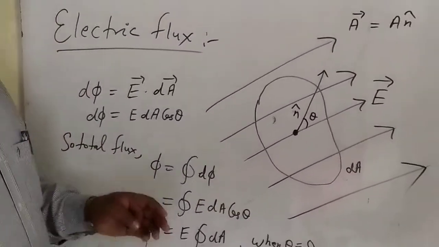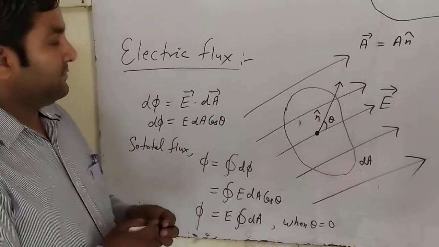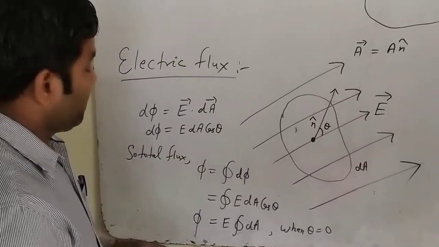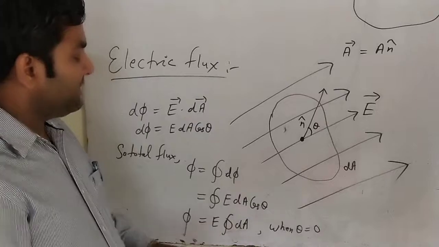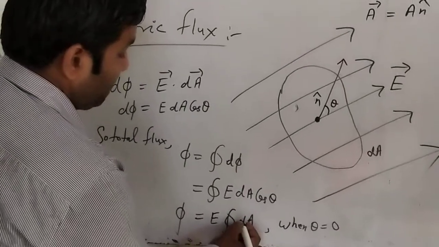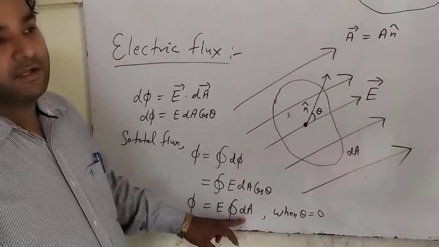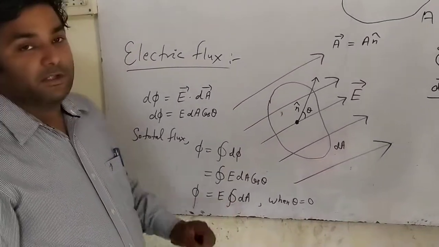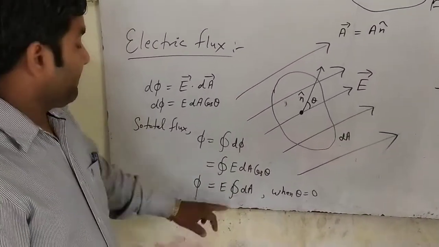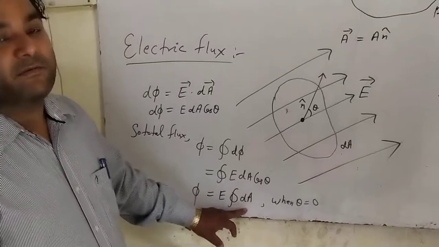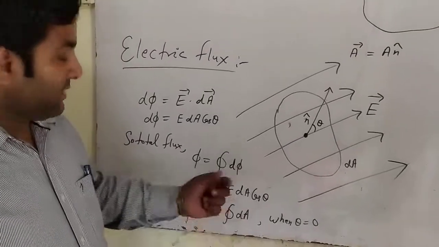Suppose the surface is spherical. Then what will dA be? When integrated, it will be 4 pi r squared. If the surface is rectangular, then dA will be the area of the rectangle, and for a square, the area of the square, and so on.